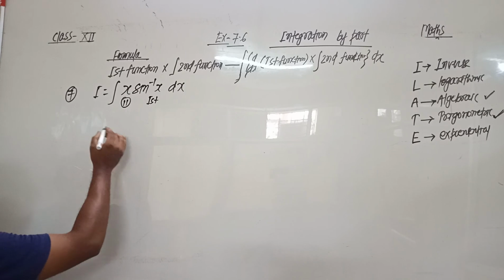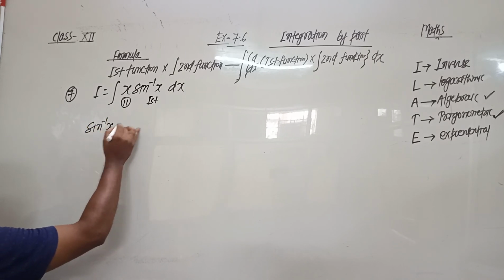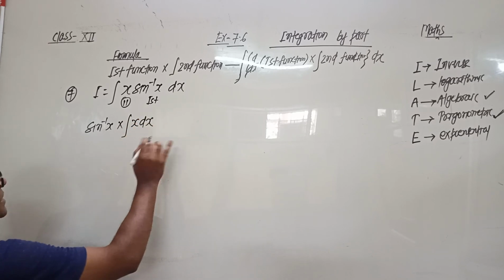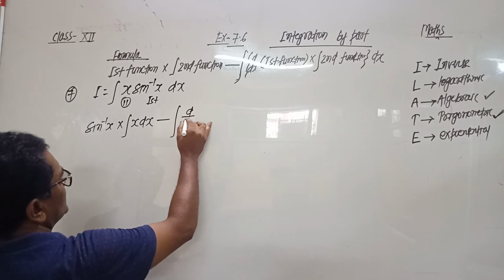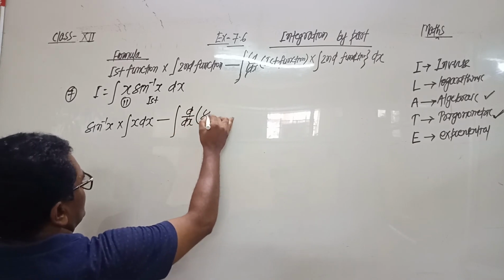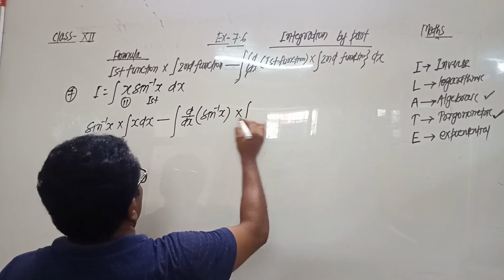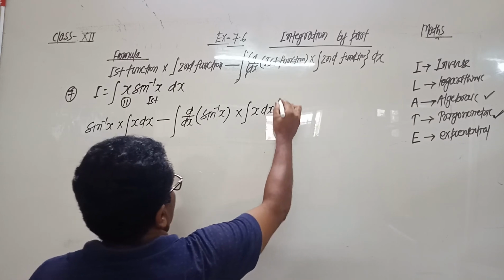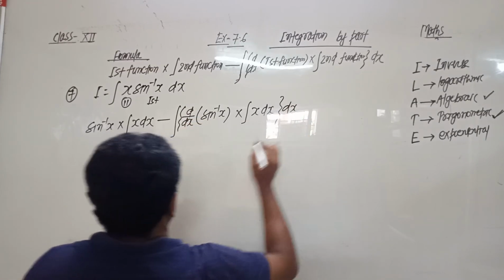So use the formula. First function, sine inverse x, into integration of second function, x dx, minus integration of d by dx of first function, sine inverse x, into integration of second function, integration of x dx, and for the whole there is dx.